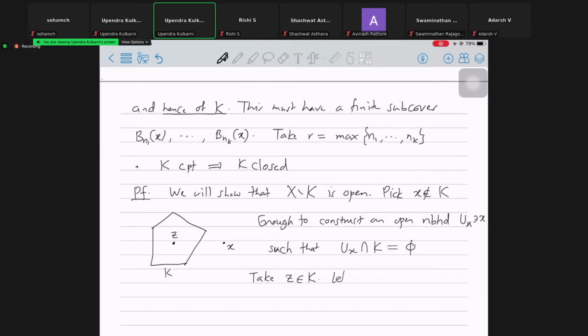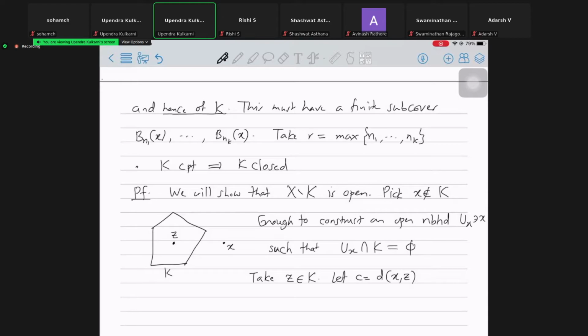So let this be the distance between X and Z. Call it C, or R, it doesn't really matter. Now I will put balls not just around X that avoid Z, but I will put balls around both Z as well as X that totally avoid each other.